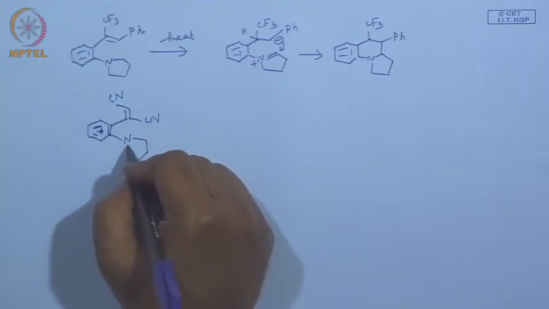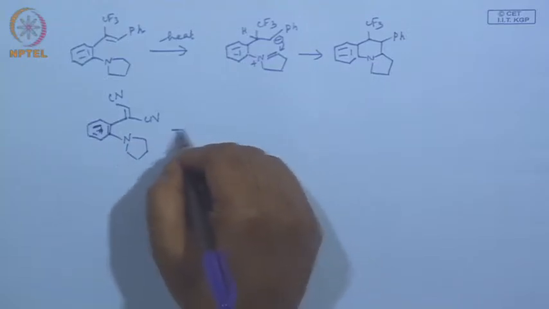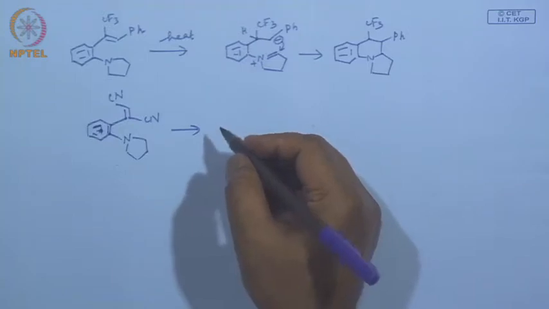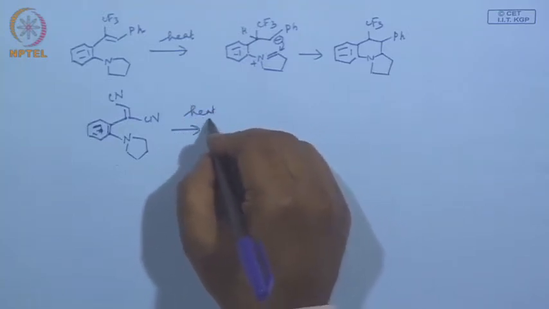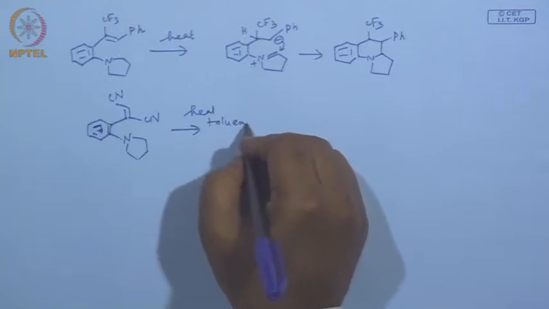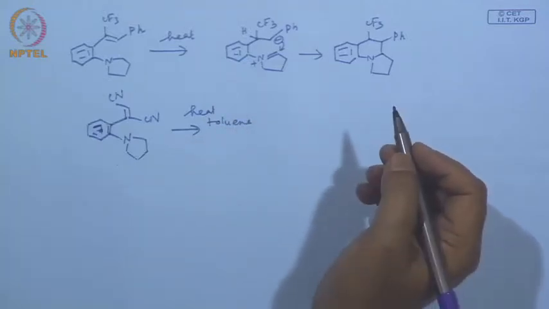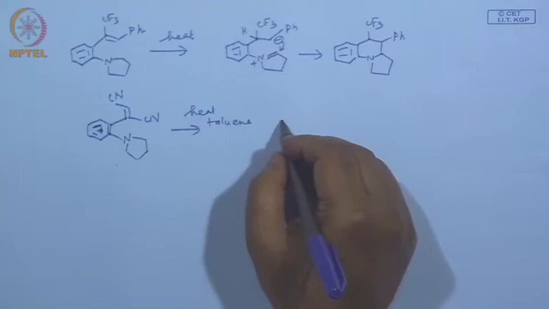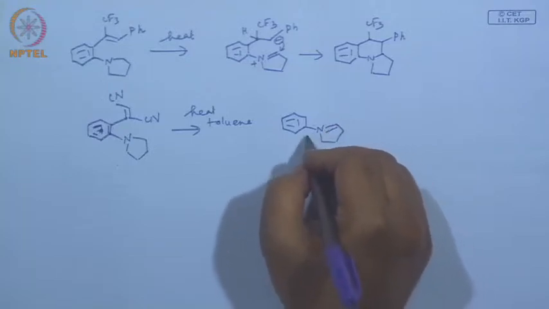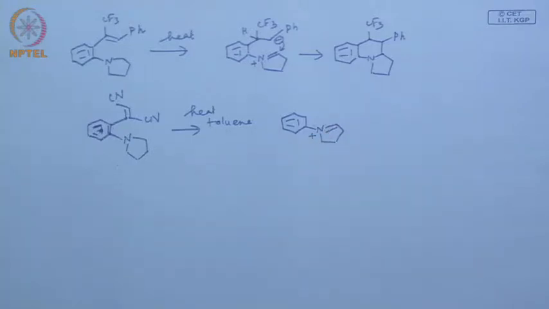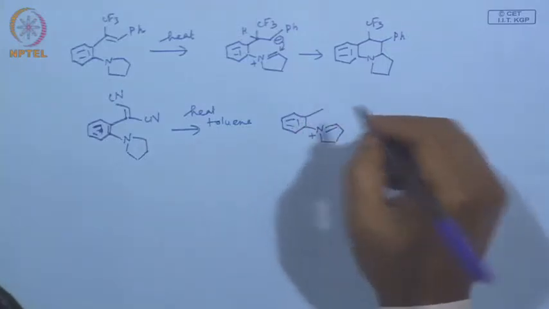In all of the examples, what you see is a pyrrolidine, that is easy to form, again heat, and this is toluene. So, to begin with, we can straightaway write the formation of this iminium ion, then the hydride would be shifted.